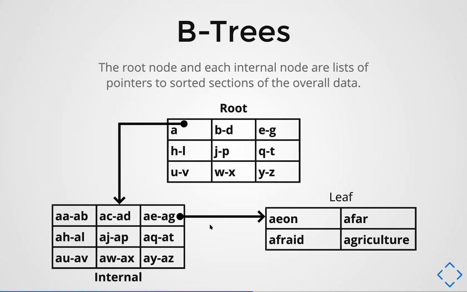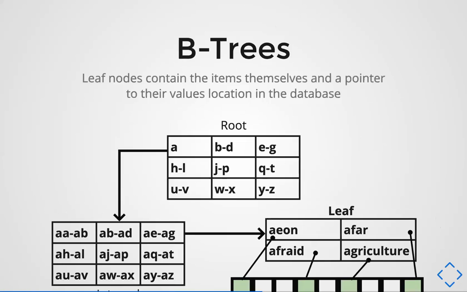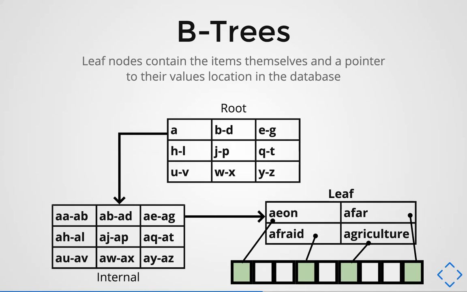And then finally, when we get to a leaf node, say we follow this AE through AG node, when we get to a leaf node over here, it'll contain actual words like aeon, afar, afraid, and agriculture. And those actual words will also map to the memory location in the underlying database table that we're interested in. So let's say I'm looking for the word agriculture.